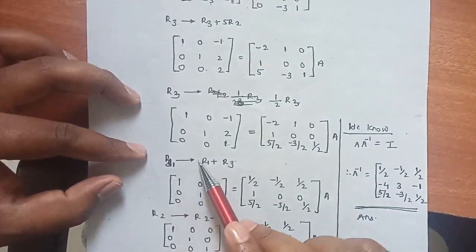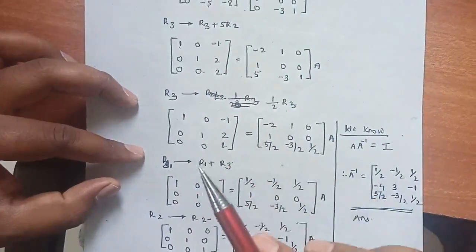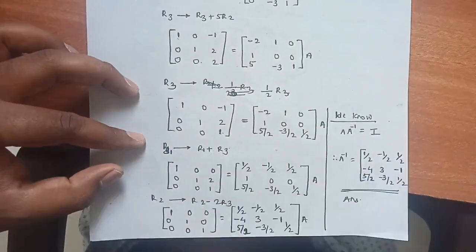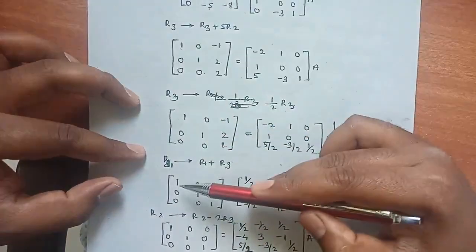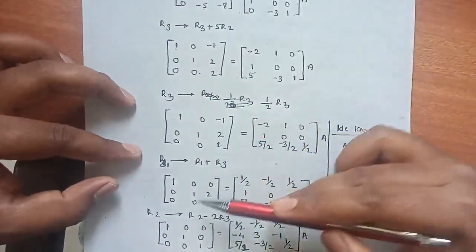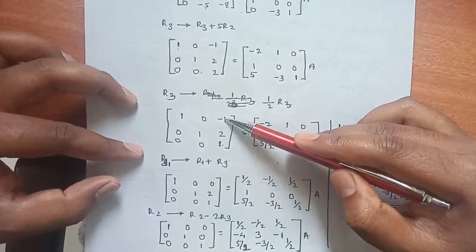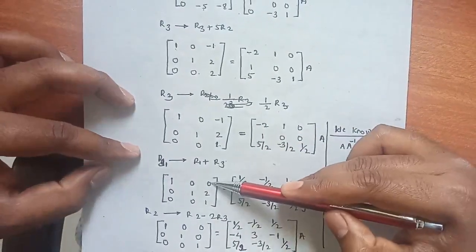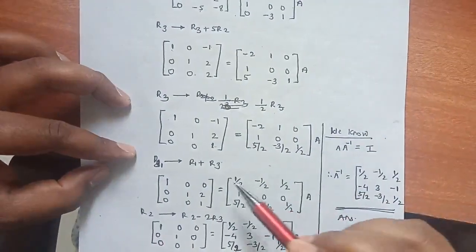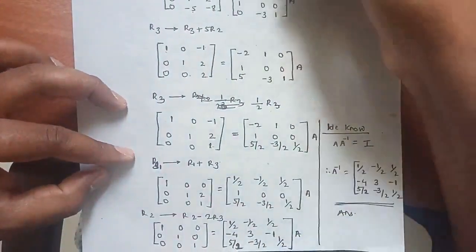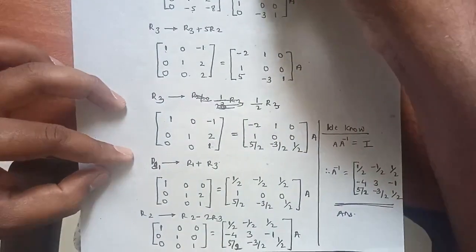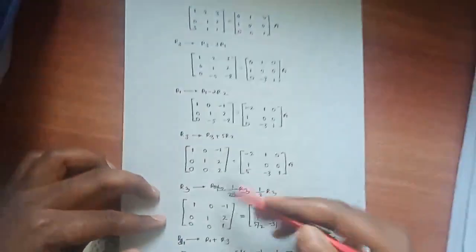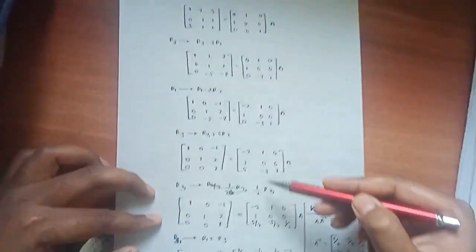So R1 changes, that means this row is going to change. How? R1 plus R3. So 1 plus 0 is going to be 1, nothing changes. 0 plus 0 is going to be 0. 1 minus 1 is going to be 0. So I got 0 here. So remember, whatever addition or subtraction you do on the left hand side, the same you have to apply to the right hand side also.